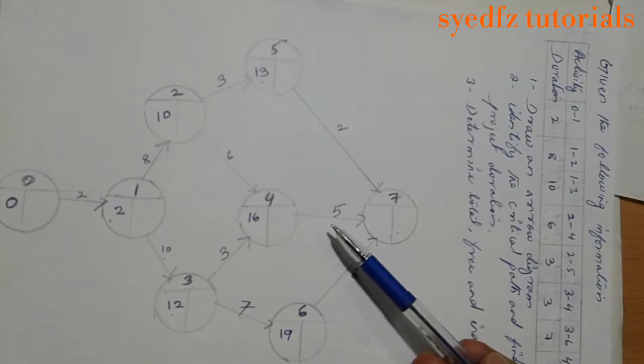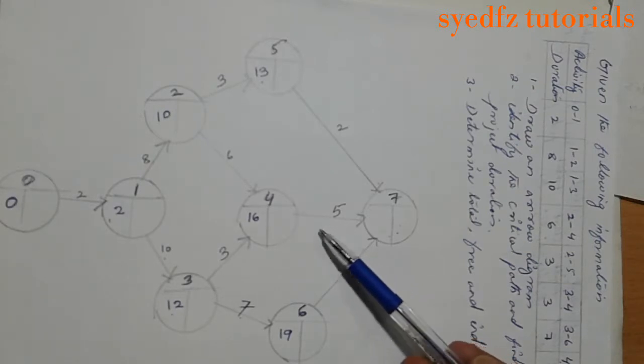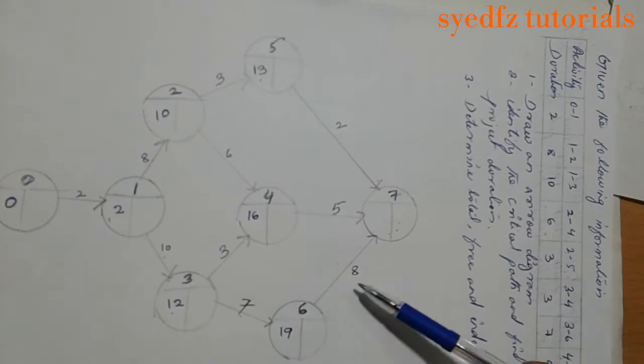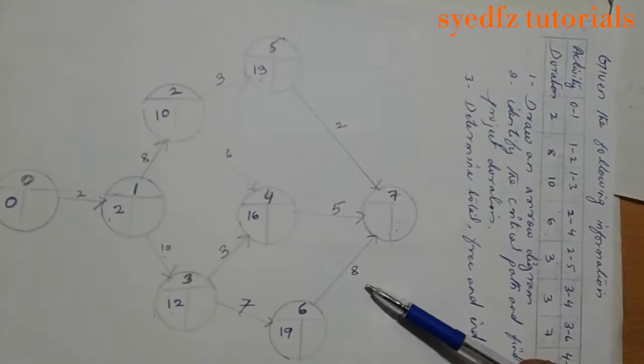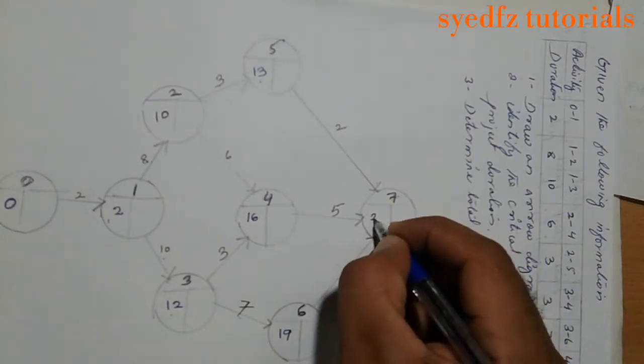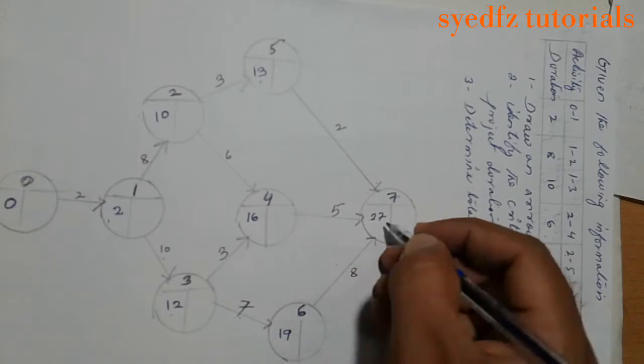Okay. Now 19 plus 8 is 27. 19 plus 8 is 27. So which one is the largest? 27 is the largest one.